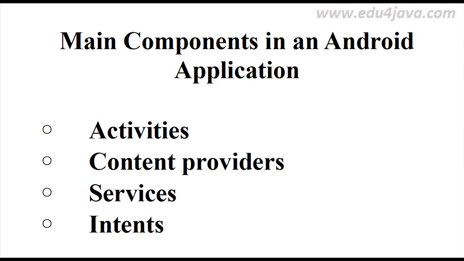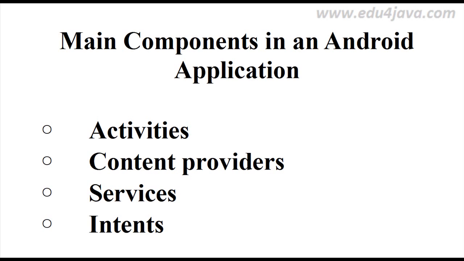The operating system is the one that is going to control if the intent is going to reach another activity. You can send an intent directly from one activity to another activity, or you can send a generic intent.